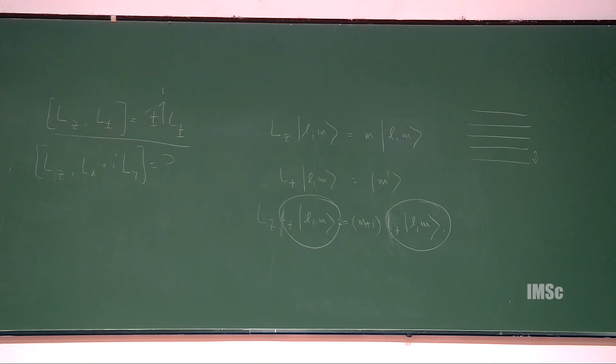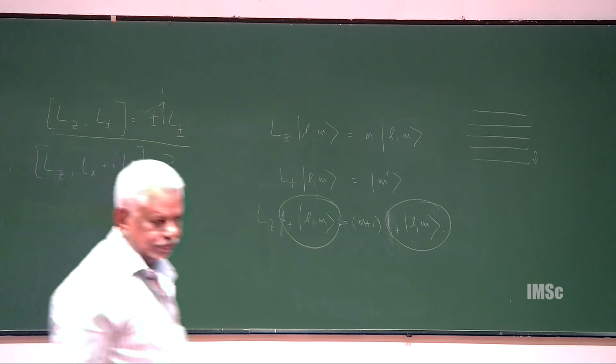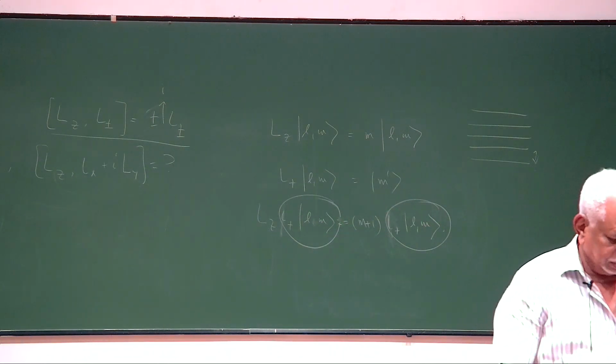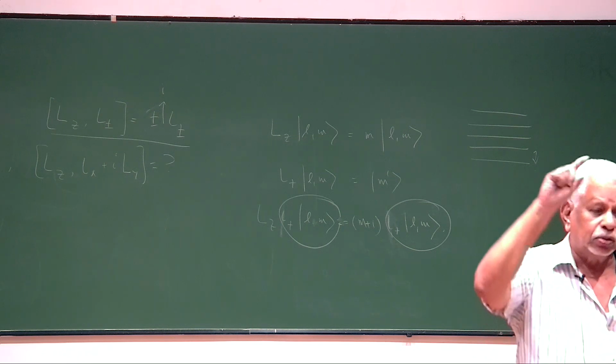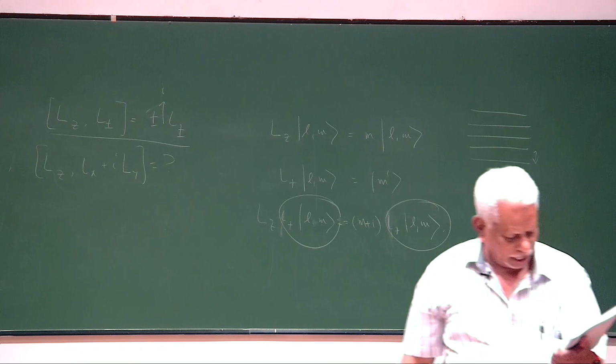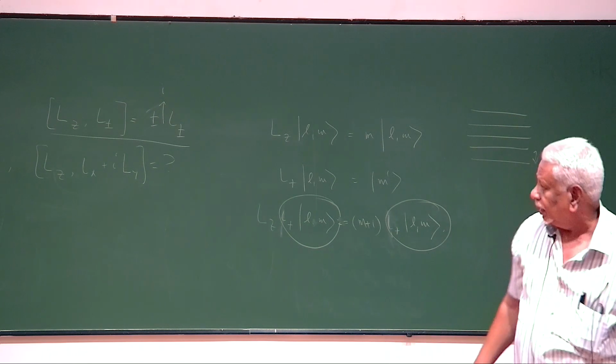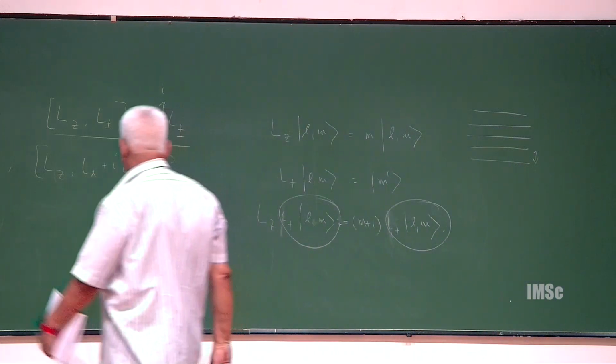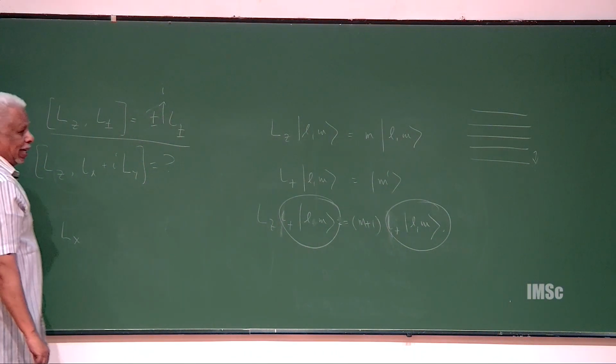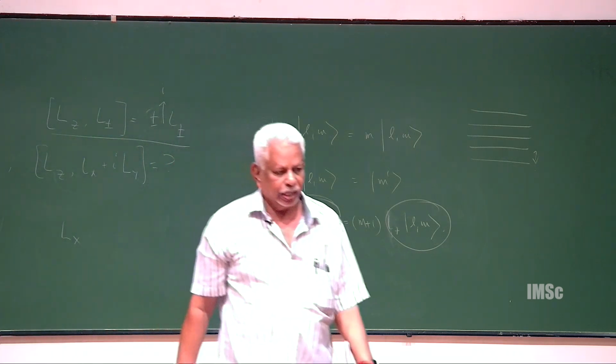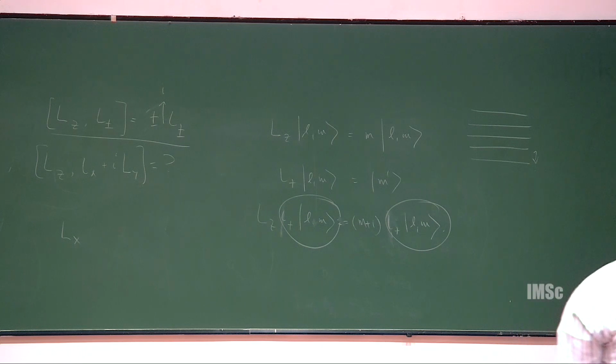It cannot go on, and that is a very simple result coming from the fact that the eigenvalues of Lz cannot go beyond l, the value l which you started with, where l is connected to the L square. How do I know it? For me, Lx is a Hermitian operator, which means it will have only real eigenvalues.